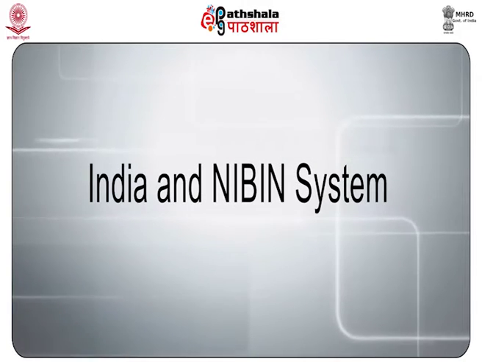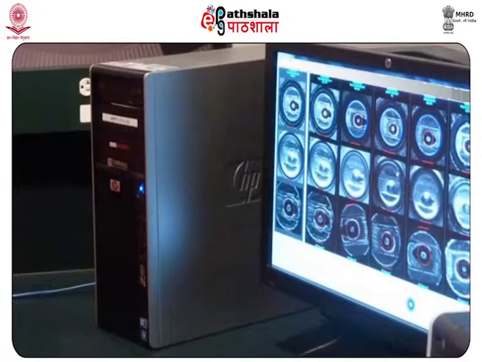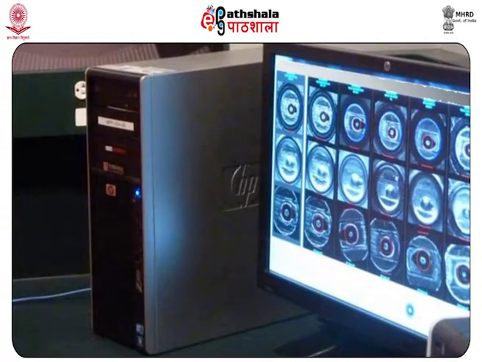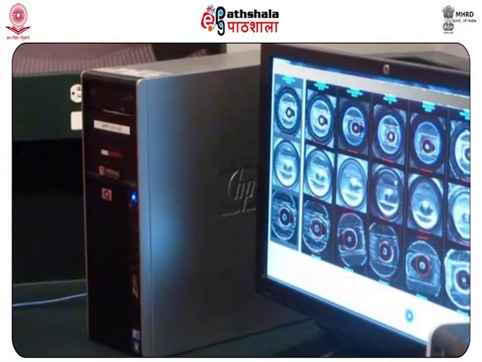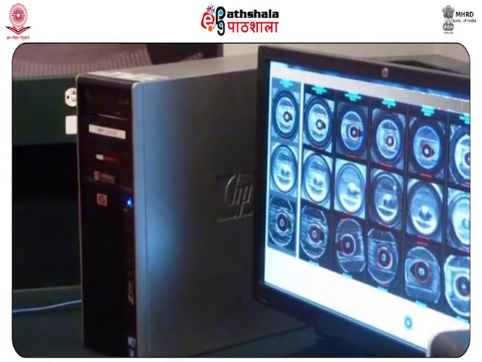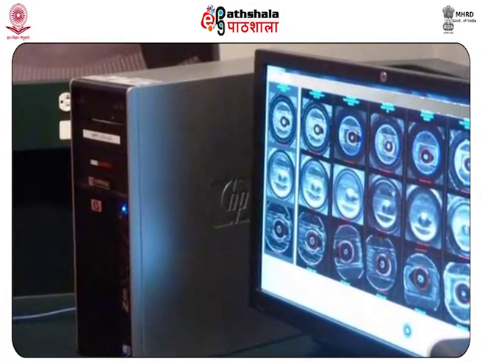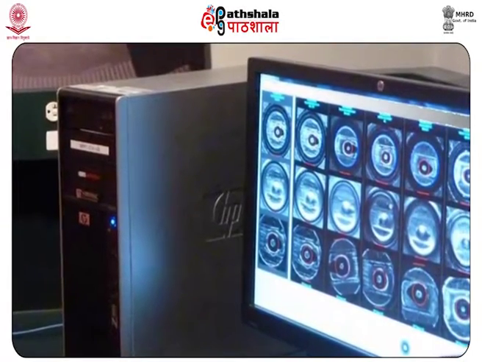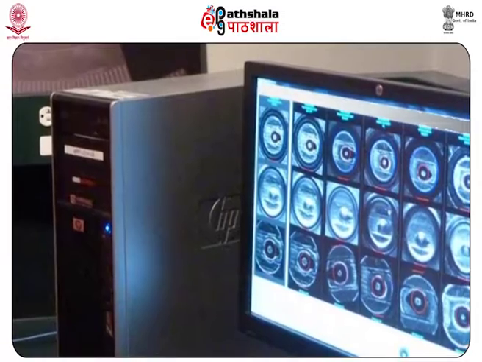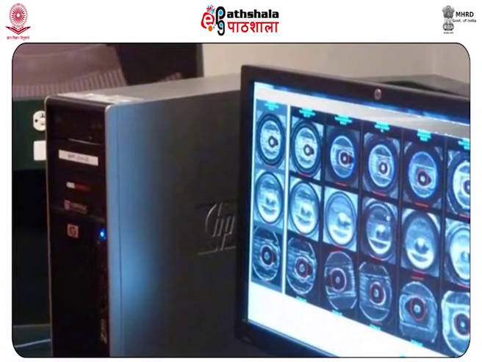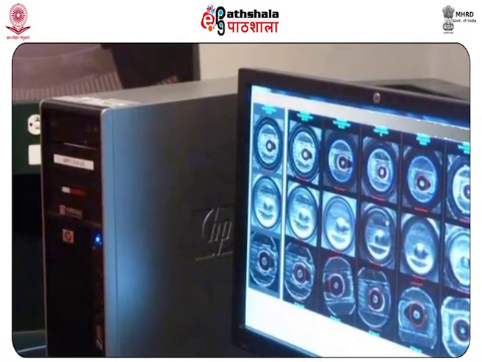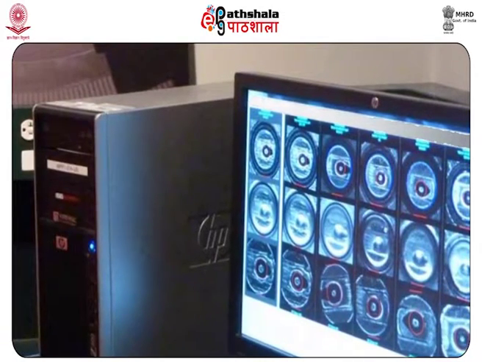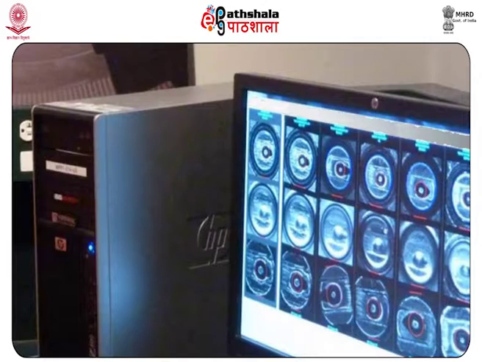Now, India and the NIBIN system. NIBIN is more or less a white elephant in India when its utility is considered in the light of current trends in abuse of firearms for crimes. NIBIN is indeed very useful in those territories where the same firearm is used many times at different places in the commission of crime.